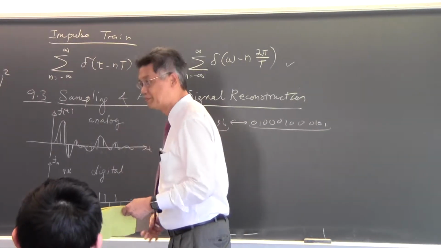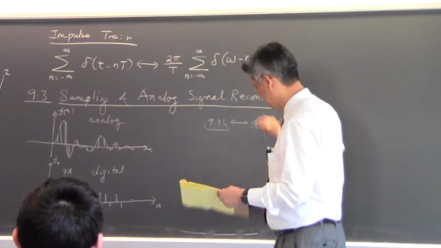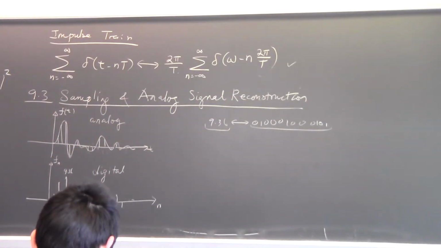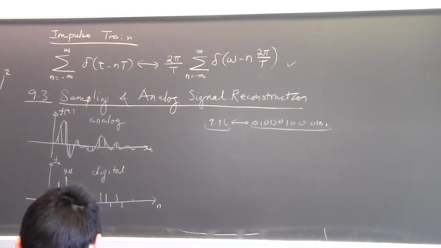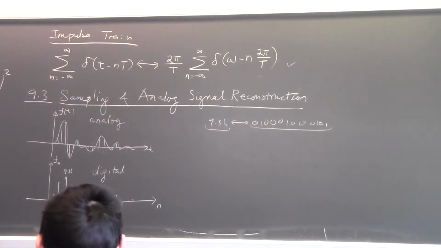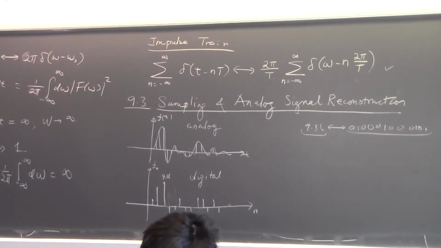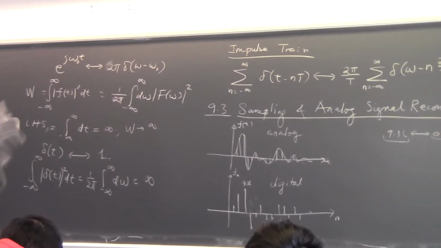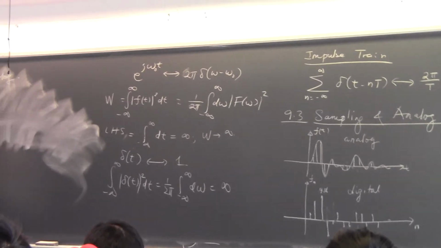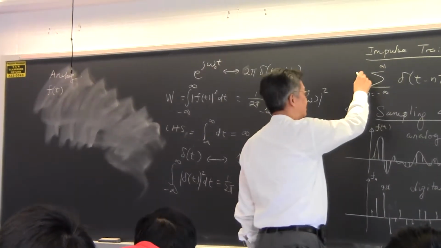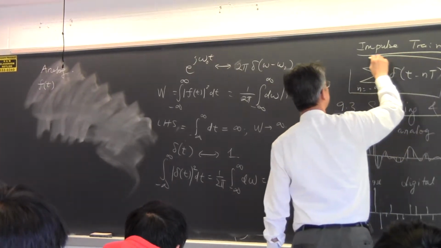And let's prove that this can be done using this identity over here. Okay, so let's assume that I have a time signal f of t, which is the analog signal. Now I'm going to multiply that time signal with this signal over here.